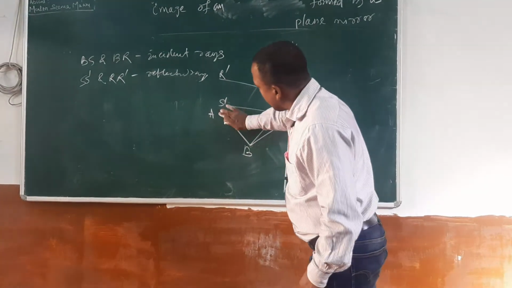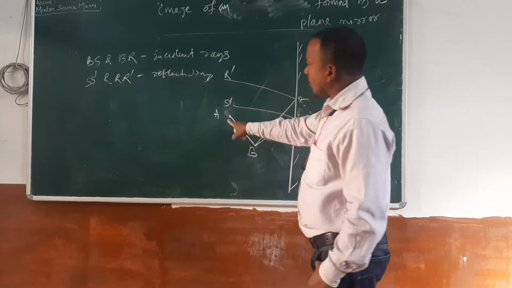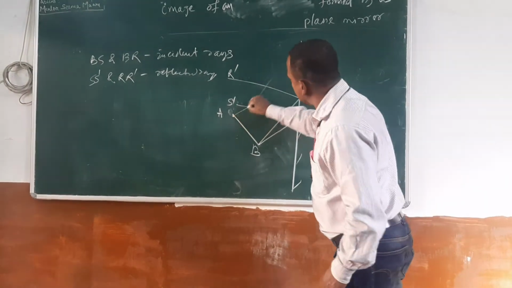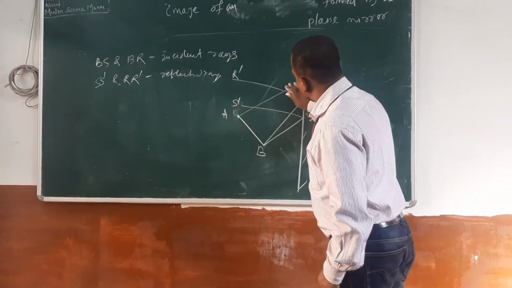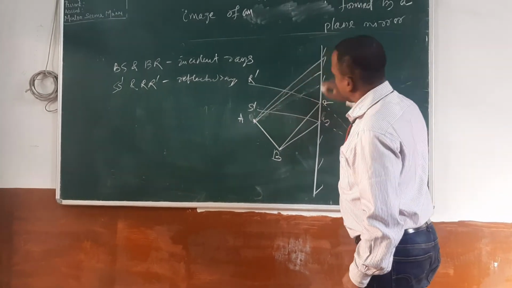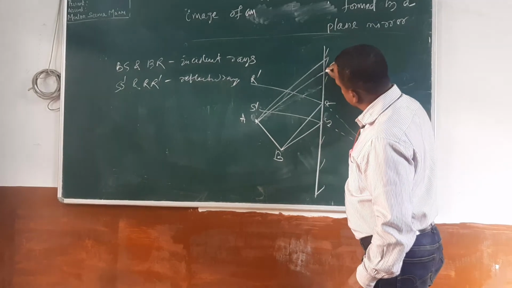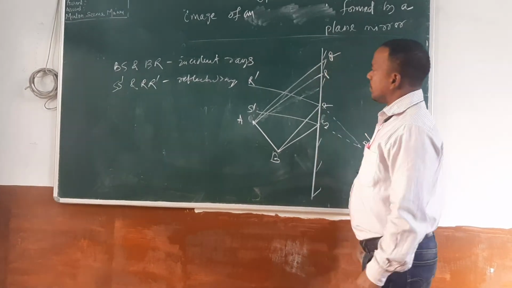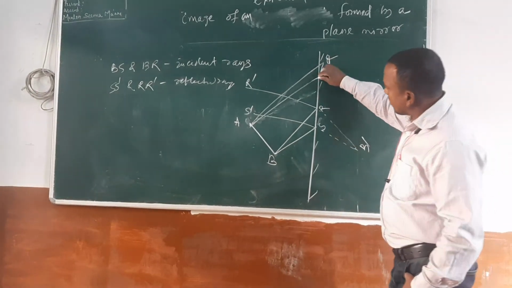Similarly, we can take another point A from which 2 rays are incident on the surface, like P and Q, and they are reflected also.